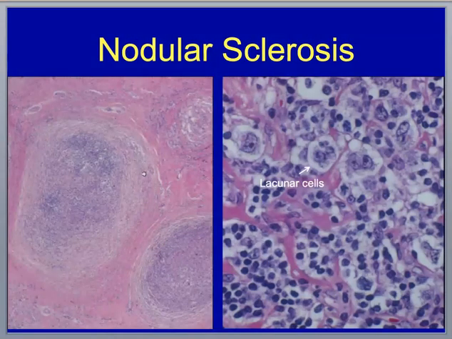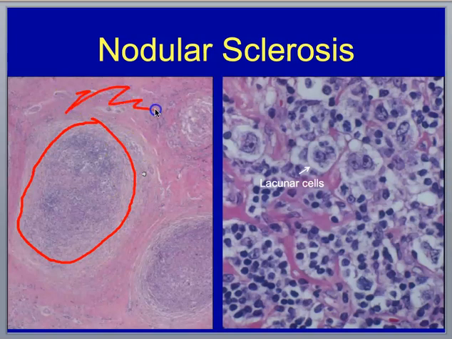And this correlates with what we see microscopically. Here on the left, a low power view, we see these discrete nodules that are separated by bands of all this pink collagen deposition. So it correlates nicely with what we see grossly.